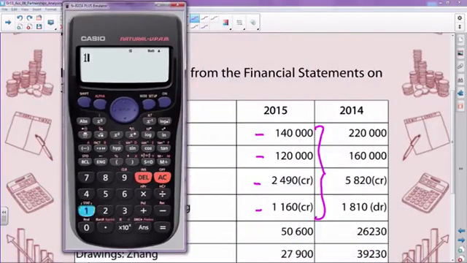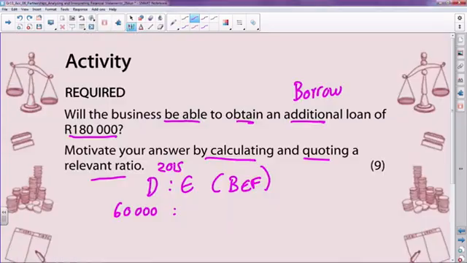Right, so we've got an amount of 140,000 plus 120,000 plus 2,490. Remember, because it's a credit balance, plus another credit balance, double 160. Right, so our total equity for the 2015 financial year, an amount of 263,650. So let's take that through to our answer sheet.